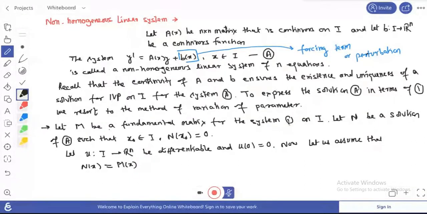That's why we consider this from system M. So M is the fundamental matrix of that homogeneous system.